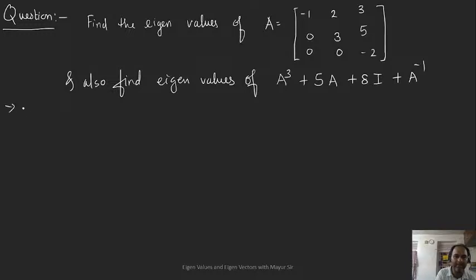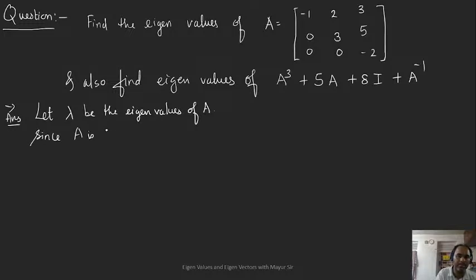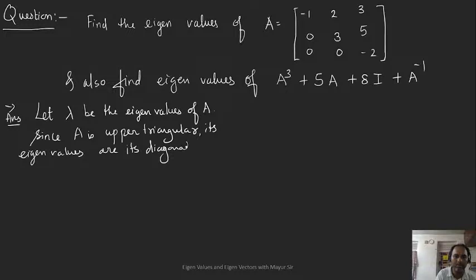So again we write the answer: let lambda be the eigenvalue of A. Now since A is upper triangular, its eigenvalues are its diagonal entries.